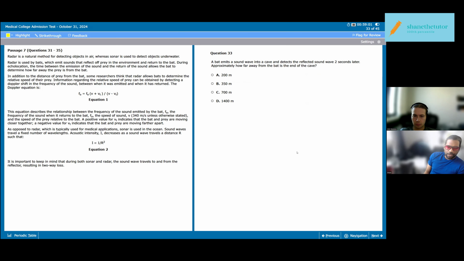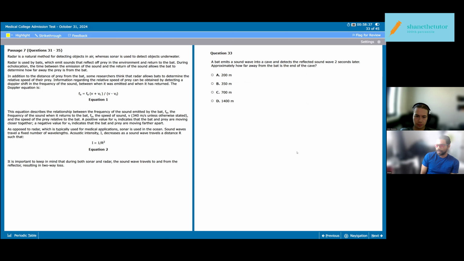What did you say earlier? The 340 meters per second that you set equal to what? Yeah, because we equate the speed of sound to distance over time.